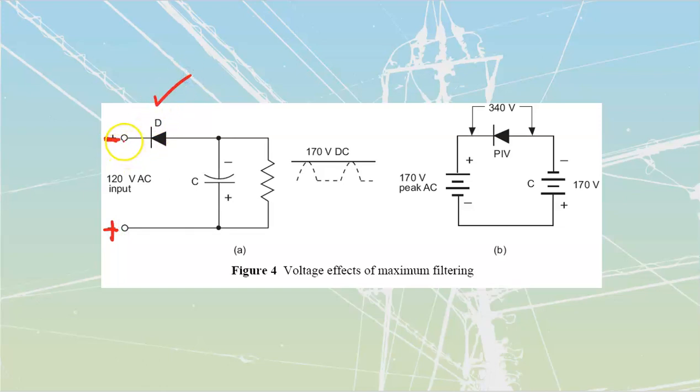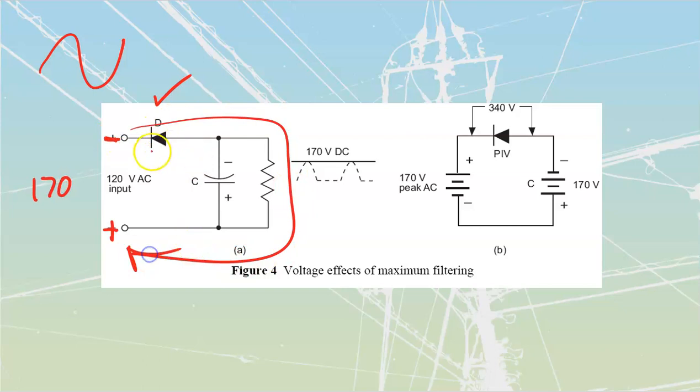So I'm going to have a peak value of voltage that is going to be 170 volts in this direction. We're going to say, okay, we have a 120 waveform. So right now we're going to have 170 volts. That 170 volts is going to cause current to flow, some of which is going through to the load, and some of which is going through to this cap that is going to start building electrons.